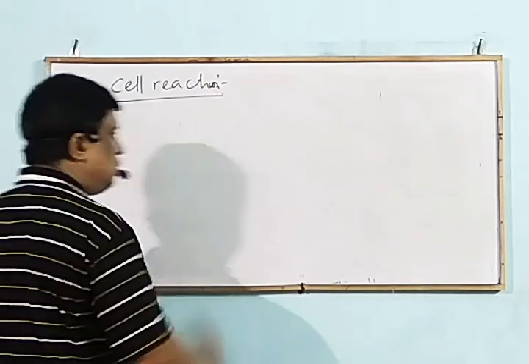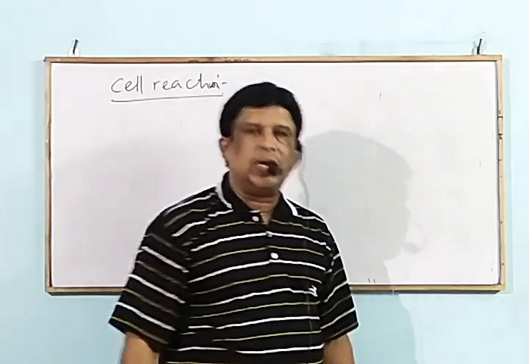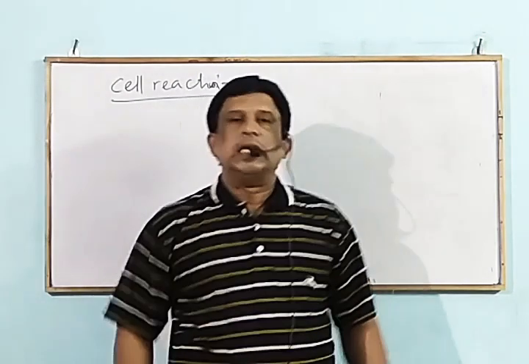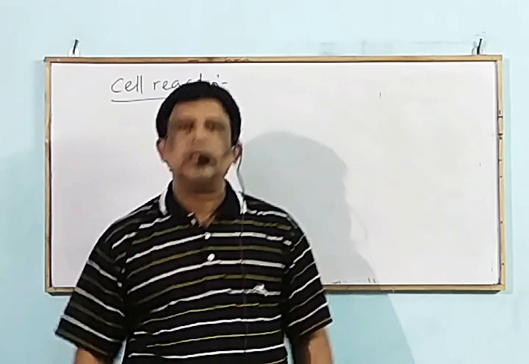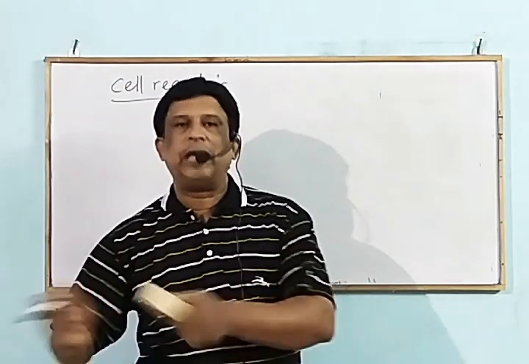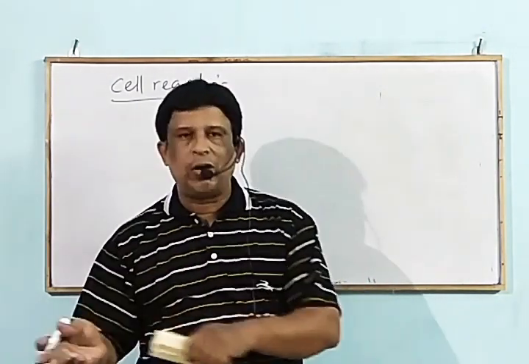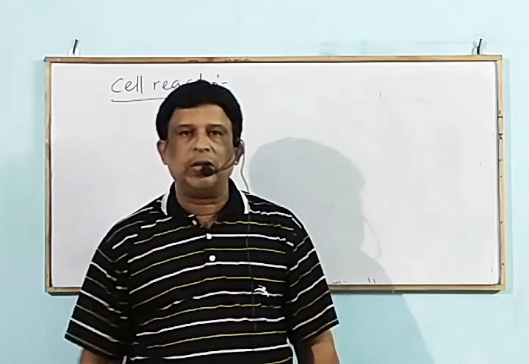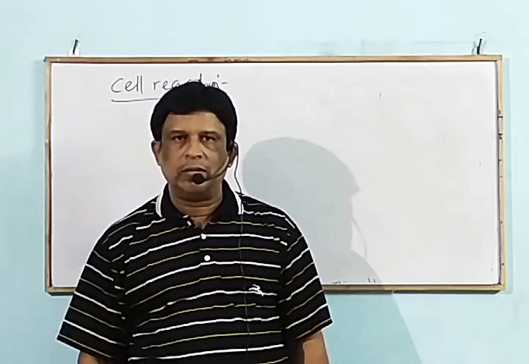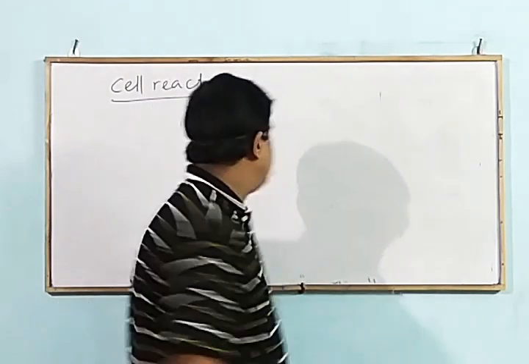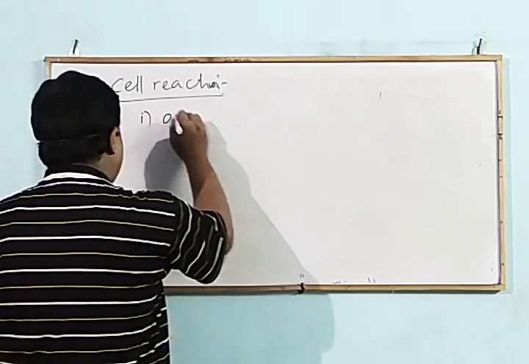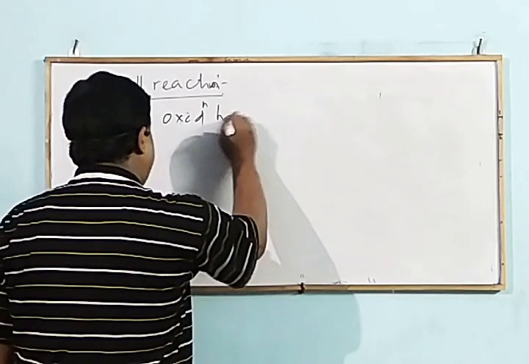Never confuse cell representation and cell reaction. Symbolic representation of a cell is known as cell representation. And what are the different types of reaction? Oxidation and reduction. The redox reaction going on is known as the cell reaction. So two types of half cell reaction are there. One is known as the oxidation half cell reaction.